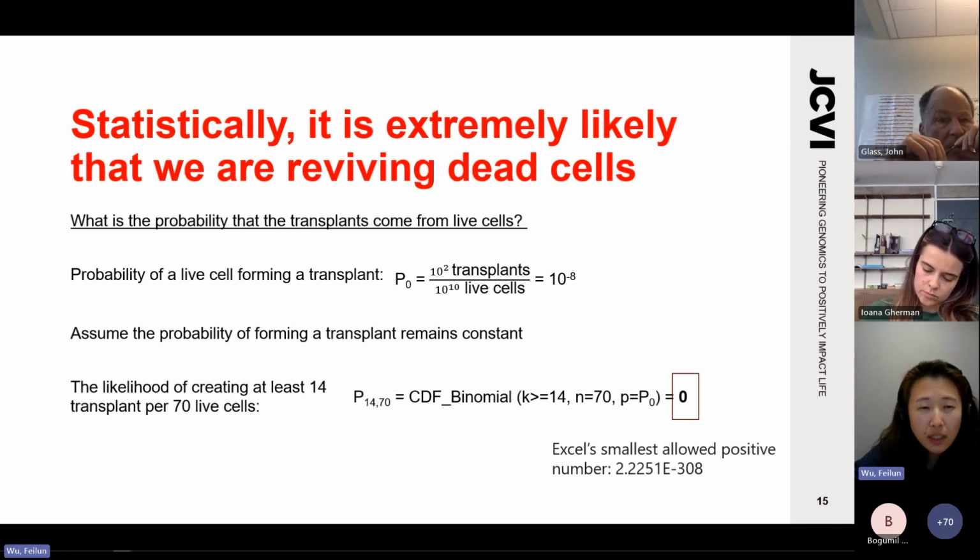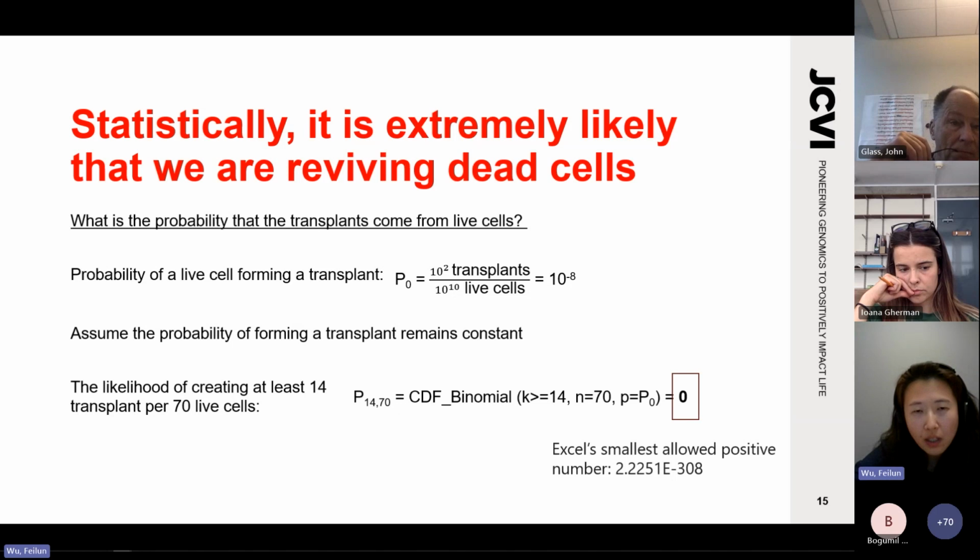And if we calculate, first of all, the basic probability of a live cell forming a transplant based on transplantation reactions without mitomycin C treatment, where we usually start with 10 to the 10 live cells, and we usually get in the order of 100 transplants.